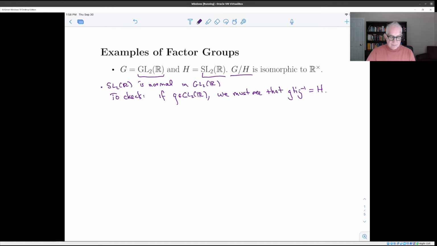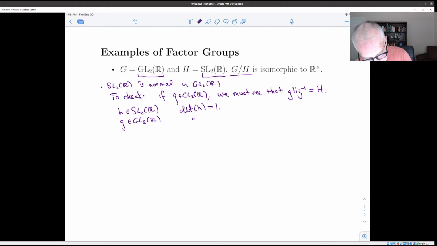And so what is that saying? That's saying that if h is an element in SL2R, so it's a matrix of determinant 1, and I take any g in GL2R, and I look at g h g inverse, I want to know, is this in H?